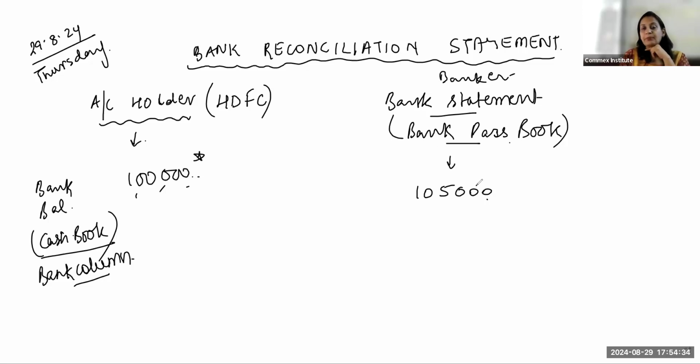They should be same. So why this difference of 5,000? We'll try to locate the differences and what differences there are, I'll tell you. And then we'll try to reconcile that this 1 lakh is correct and this 1,05,000 is also correct. In due course of time, they'll be equal.